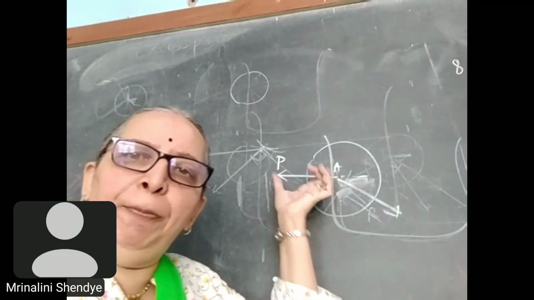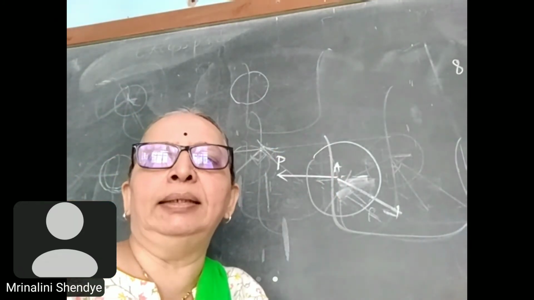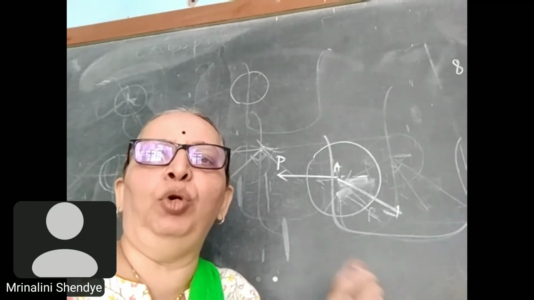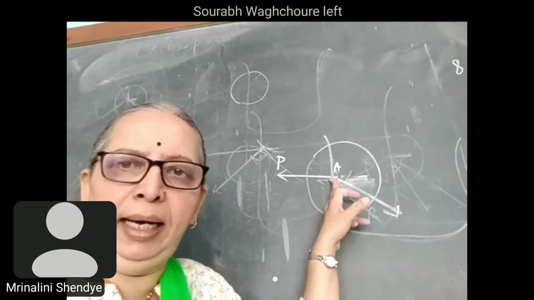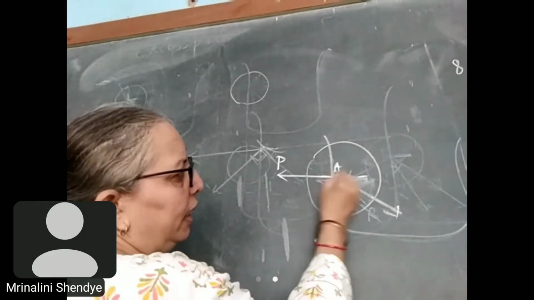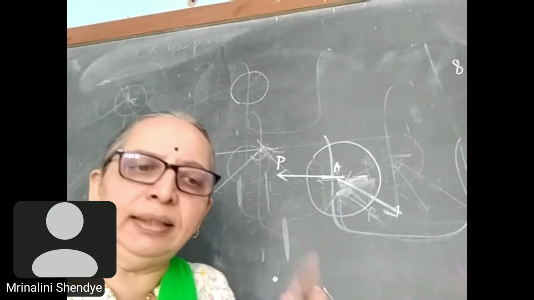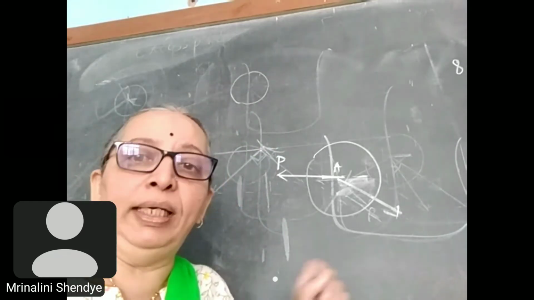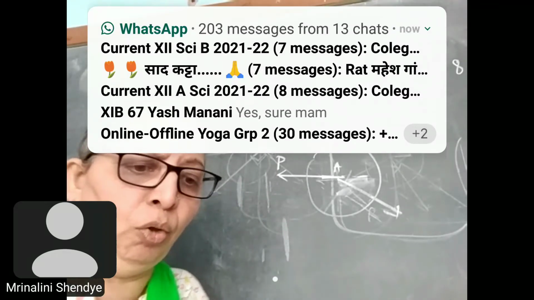So AP itself behaves as the resultant net intermolecular force acting on A. In that case what happens? वो तो tangential ही है ना, so that the surface remains horizontal. वो तो horizontal हो जाता है.